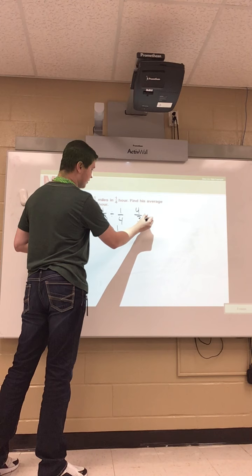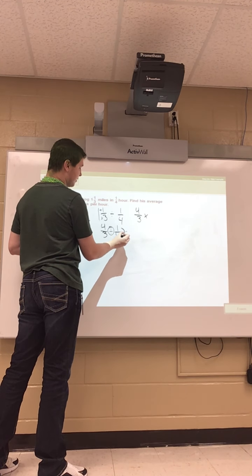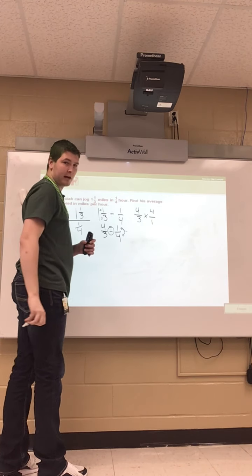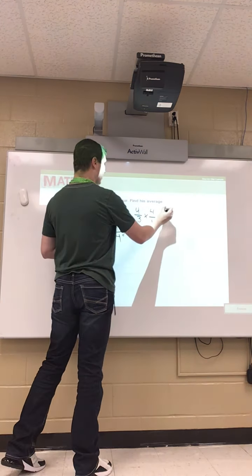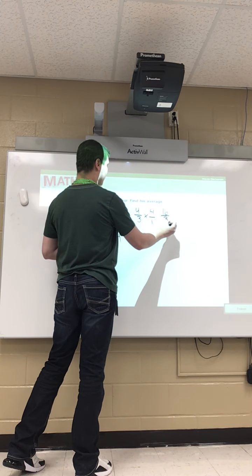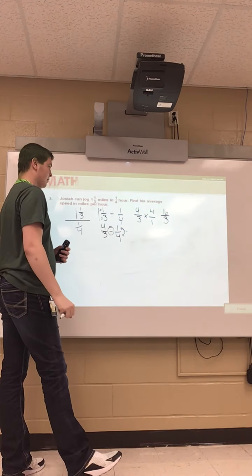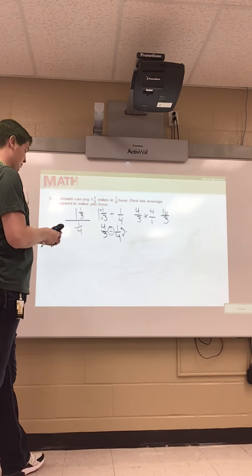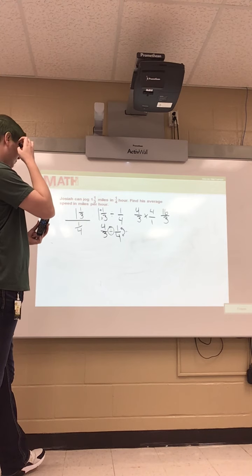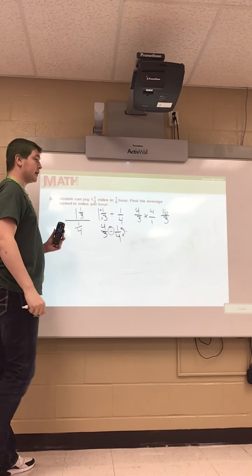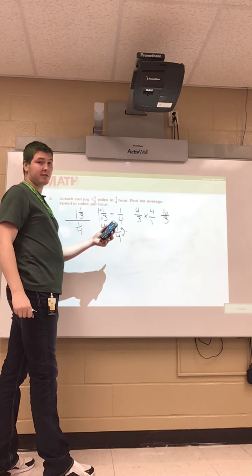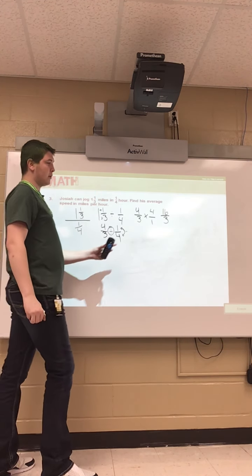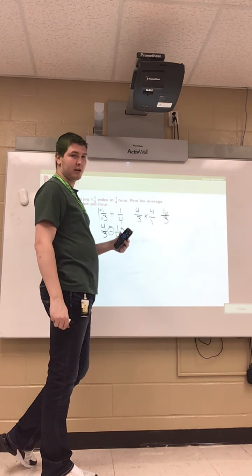Switch that sign and flip that fraction. Okay, and you should get 16/3. Now, if you want to turn it from an improper fraction back into a mixed number, how many times does 3 go into 16?